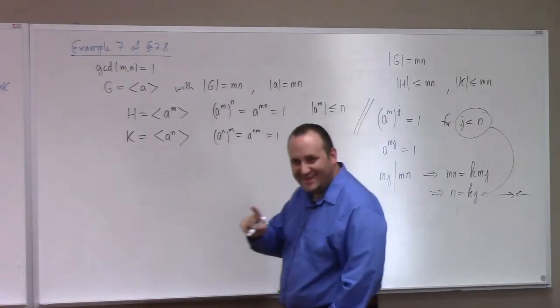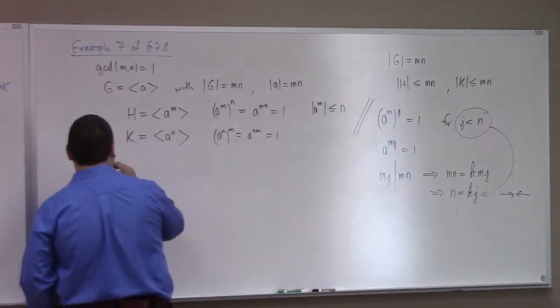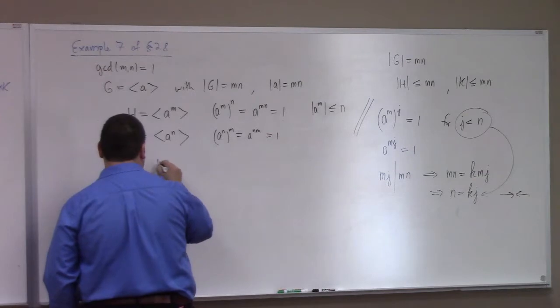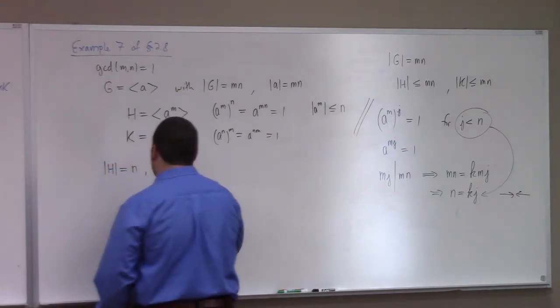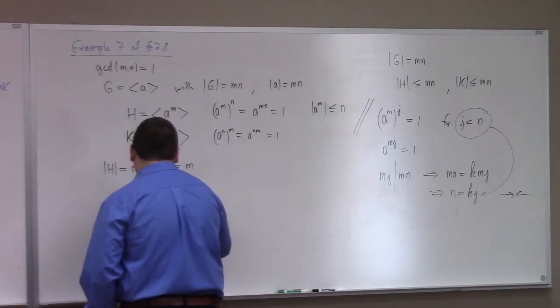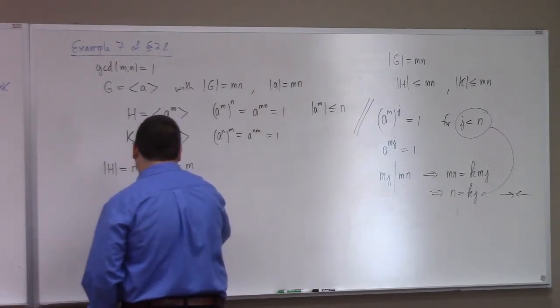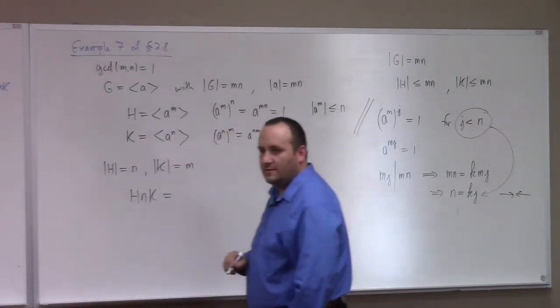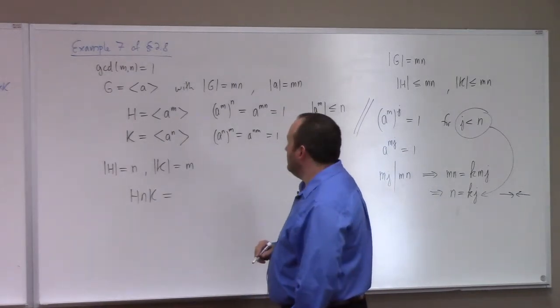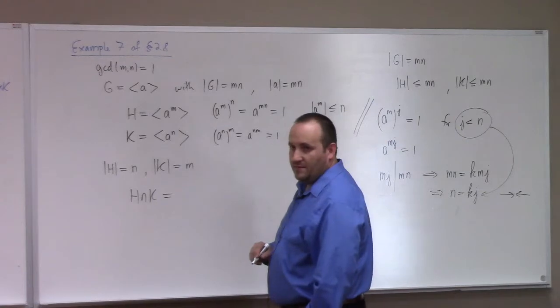So anyway, getting to the point here, the order of H is equal to n, the order of K is equal to m, right? What's the intersection, H intersect K? What's it got in it? It's just got 1 in it, right? Because m and n are relatively prime.